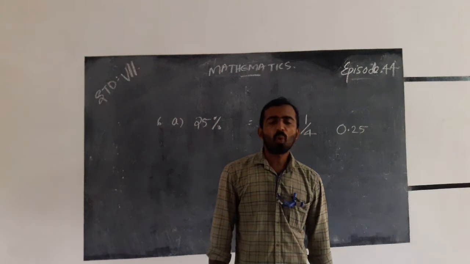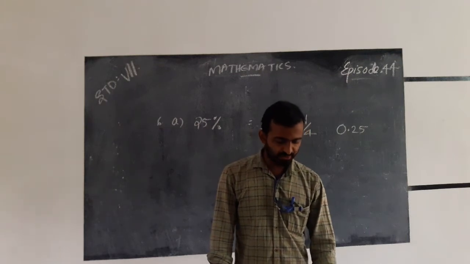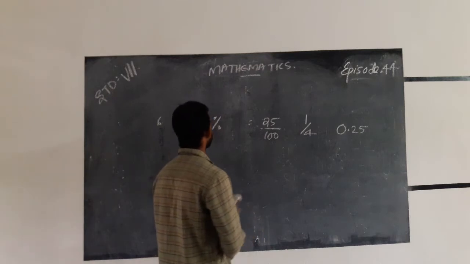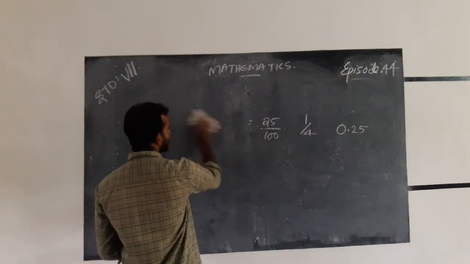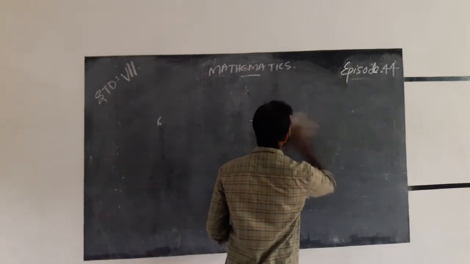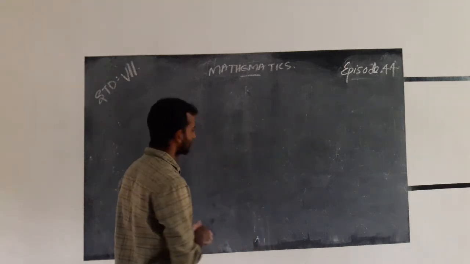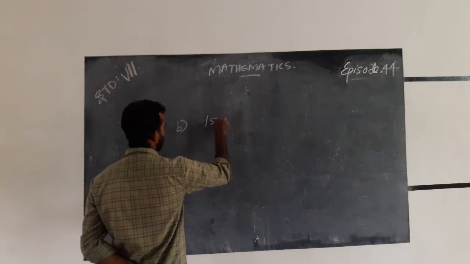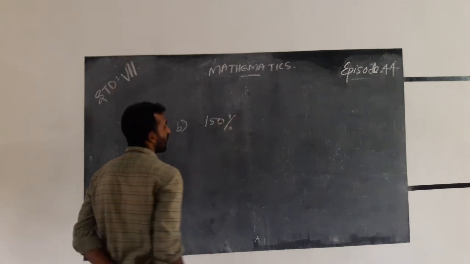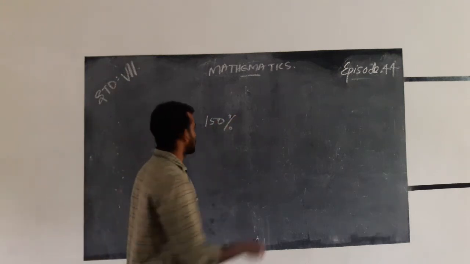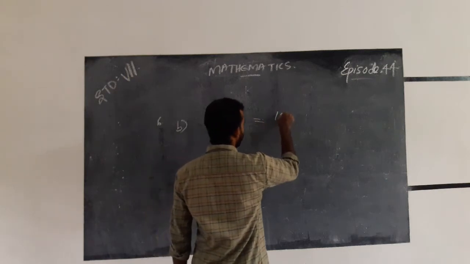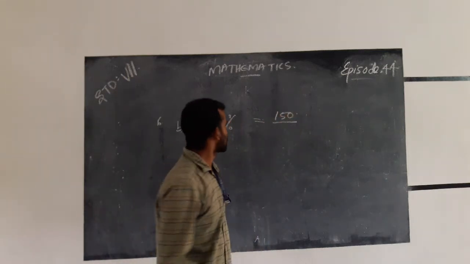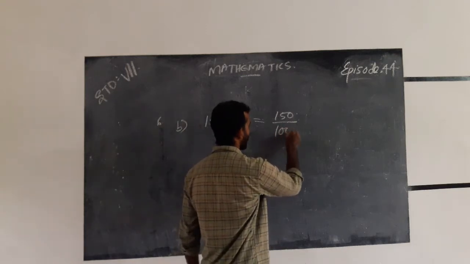Next is 150 percentage. The second one is 150 percentage. We can write it as 150 by 100.